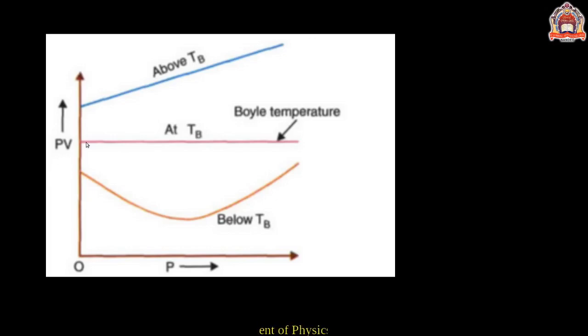First, the pink color represents the Boyle temperature, then the orange color represents below Boyle temperature, and this curve is representing above the Boyle temperature. The general nature of the curve is the same for all gases.